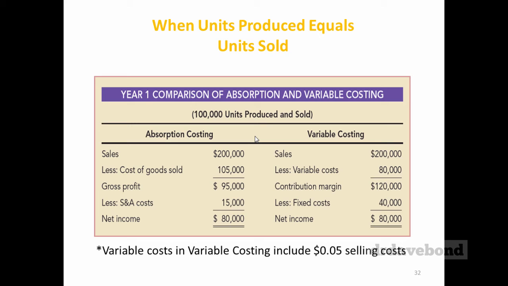So that's where the $15,000 comes from. All right. So that's how we get 80,000. We worked out the product cost previously of $1.05. The sales price is given. Sales less cost of goods sold. Then we've got your sales and admin. We just look at what they are and we push it through. That gives you $80,000.